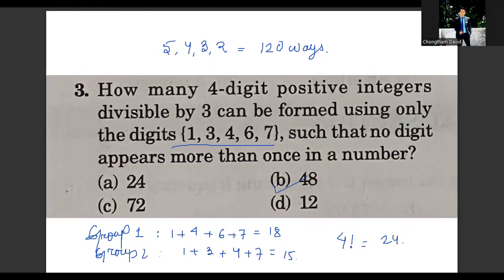Question number 4. The sum of the following infinite series is. We can observe that each term in the series can be expressed as 1 by n to the power p, where n is a power of 2 or 3 and p is the corresponding exponent.